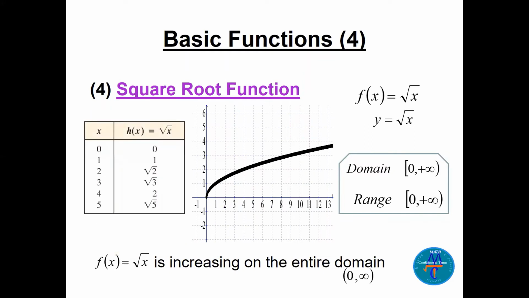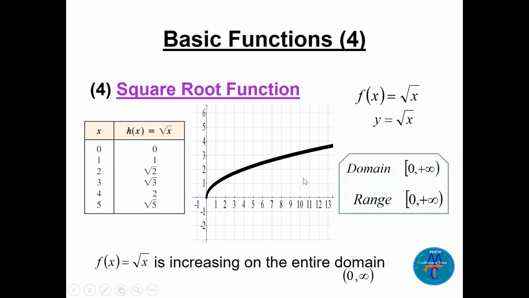Basic function number 4. Square root function, f of x is equal to square root of x. We call it also a half parabola. Square root of x means y equals square root of x, so y is positive, also including 0. If you put x equals 0 from the domain, y will be 0.